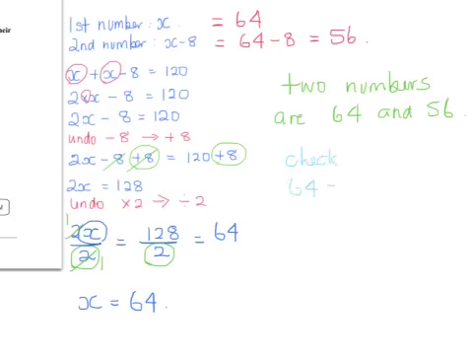So it's 1, subtract the other one. Yes, that's 8. And the other condition was the two numbers added together had to equal 120. Yes, they do. That means my answer there should be correct.